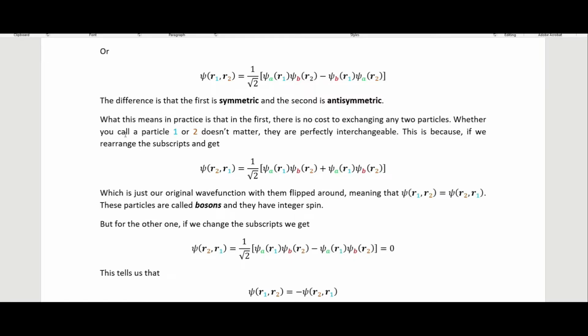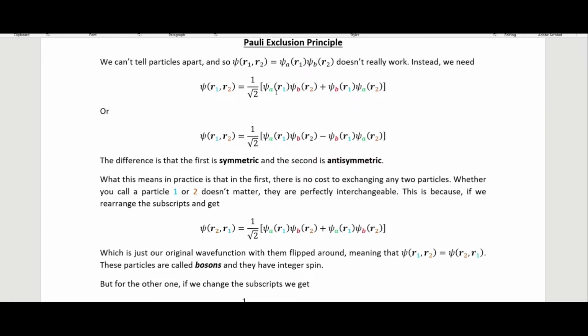So what it means in practice in this first one up here is that there's no cost to exchanging the two particles. Whether you call a particle 1 or 2, it doesn't really matter because they're perfectly interchangeable. And this is because if we rearrange the subscripts, we essentially just get this equals this.